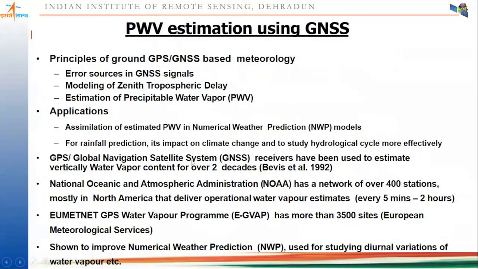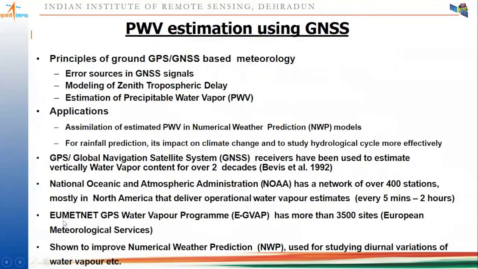GPS, GLONASS, Global Navigation Satellite System, GNSS receivers have been used to estimate vertical water vapor content for over 2 decades. The National Oceanic and Atmospheric Administration, NOAA, has a network of more than 400 stations, mostly in North America, and delivers operational water vapor estimates continuously. There are already agencies with networks of stations providing data continuously.